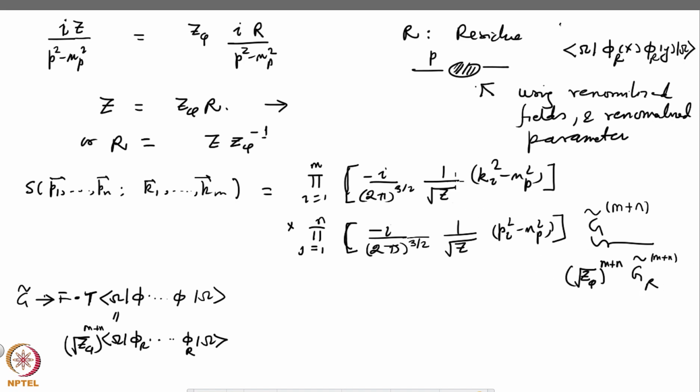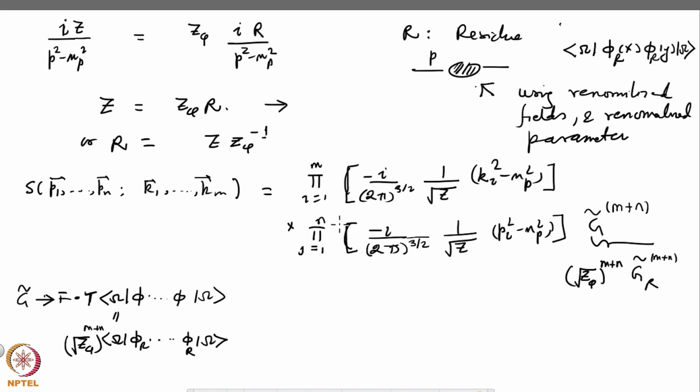Okay, and you have seen here already that you get 1 over square root of r. Okay, and then you have root z of phi in the denominator, and root r in the denominator, and there are m such factors here and n such factors here.